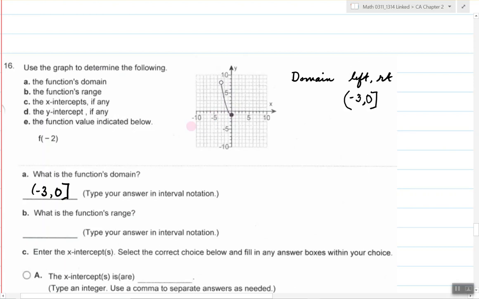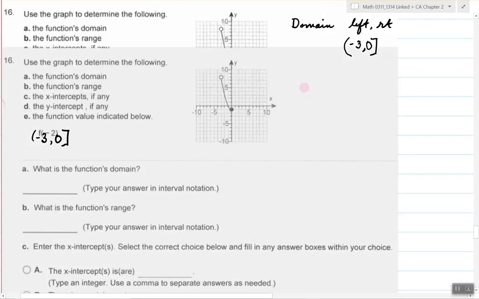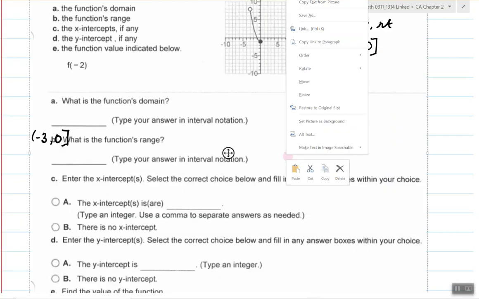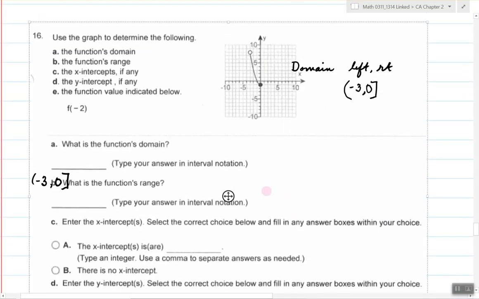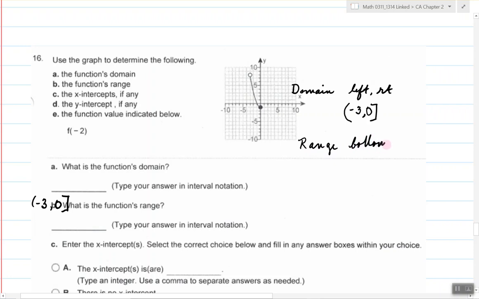All right, I'm going to erase that. Now the range. The range is bottom to top, always smallest to largest.